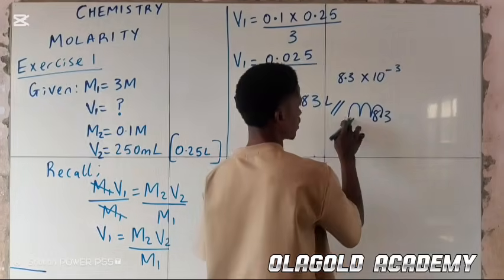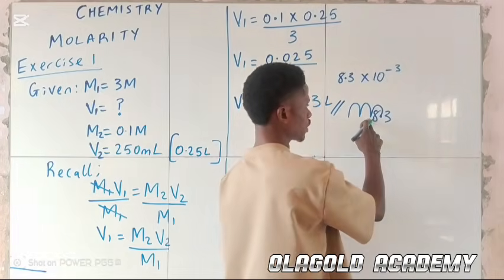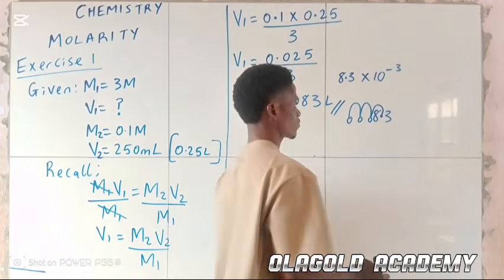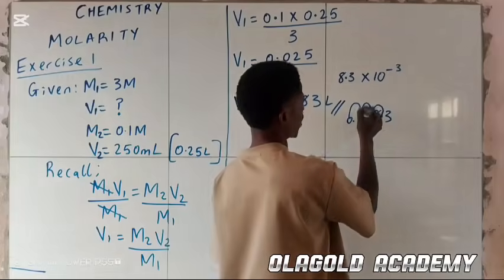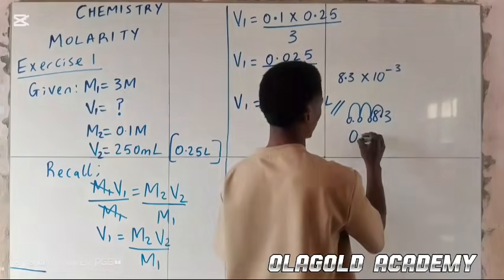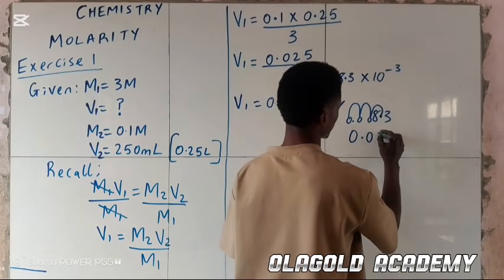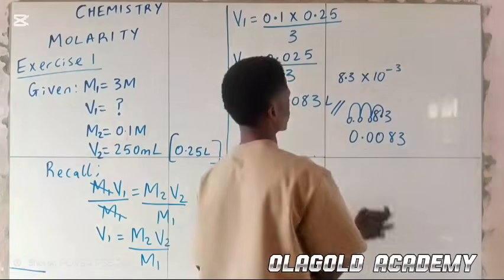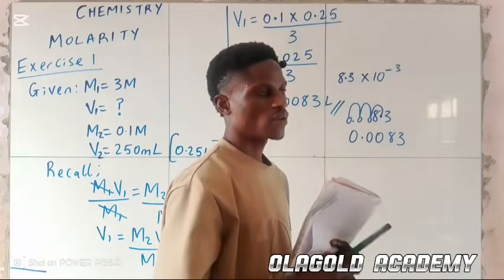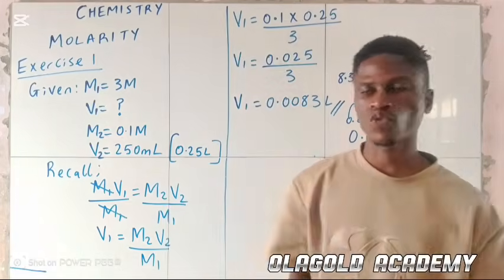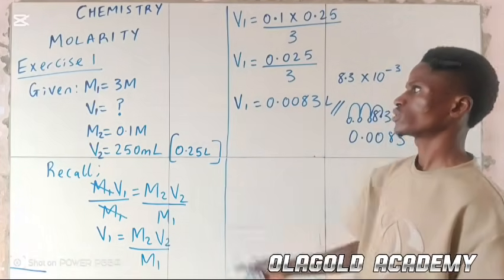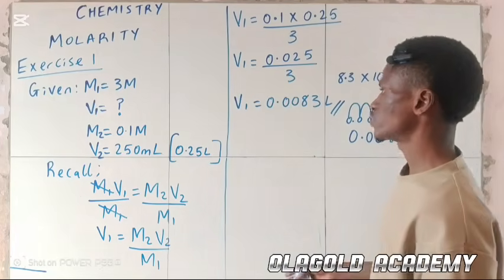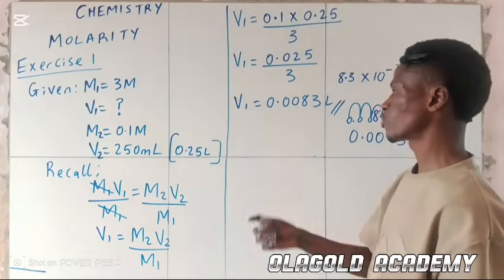So we can have 0, 0, another 0 here, and the decimal point here. It becomes 0.0083. Alright, that is how we can solve questions on molarity using this formula.